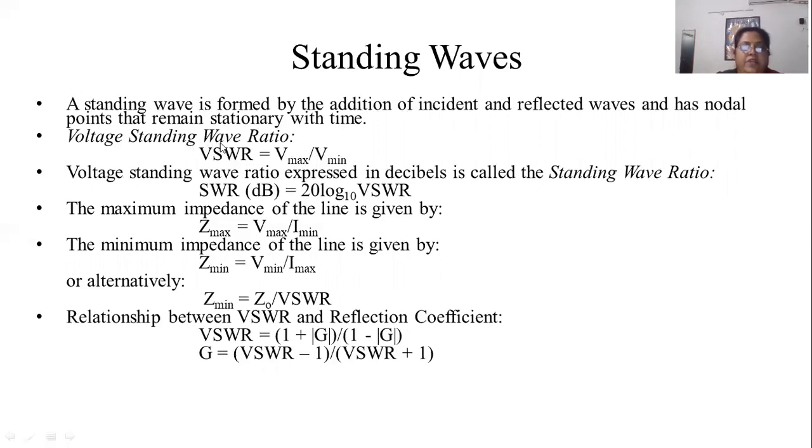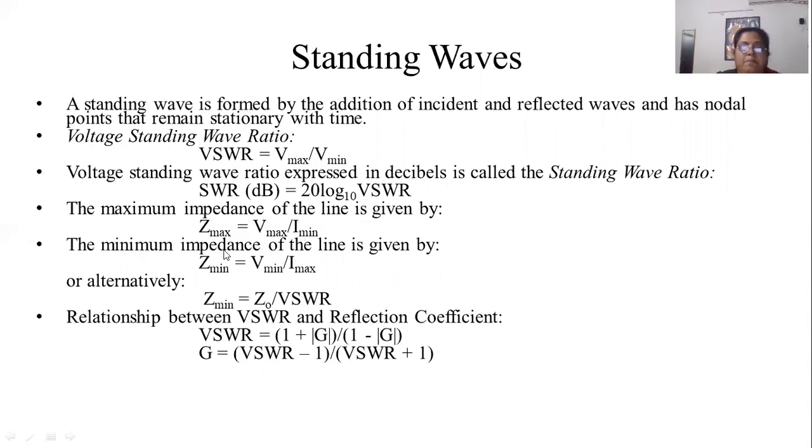Voltage standing wave ratio is equal to Vmax upon Vmin. Voltage standing wave ratio expressed in decibels is called the standing wave ratio, and it is equal to 20 log10 VSWR. The maximum impedance of the line is given by Vmax upon Imin.